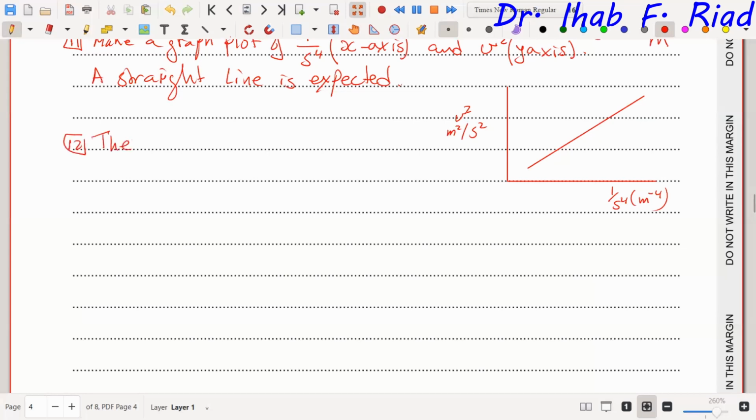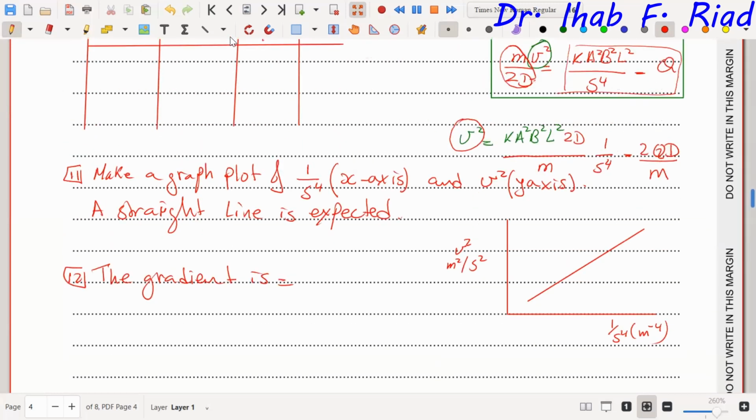Now the gradient is used to measure the constant. Yes. Now what is the gradient going to be? K square B square L square 2D over M. Yes, exactly.